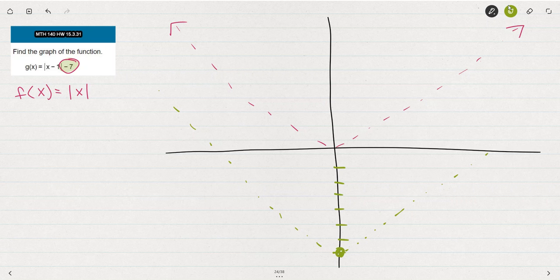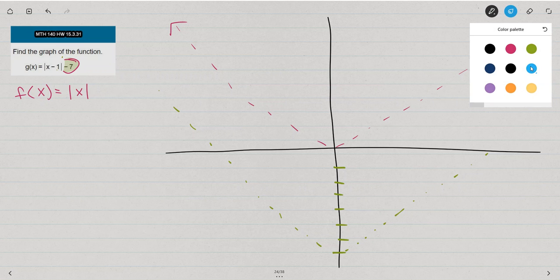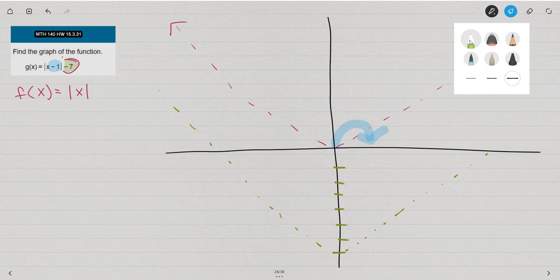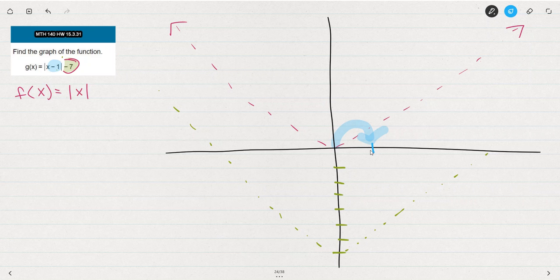But then we're going to move right 1. This minus 1 means that we move right 1. It tends to be a mistake students will make, as they think that means left 1, but it's actually a negative 1. So when I put this all together, this blue function is the final answer.